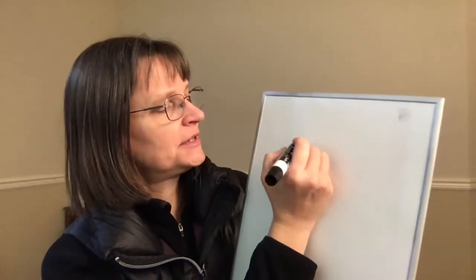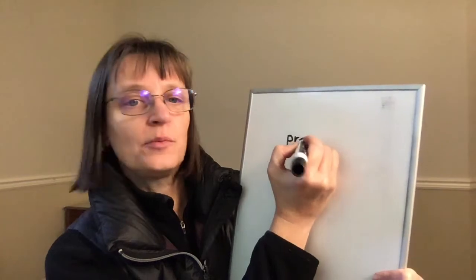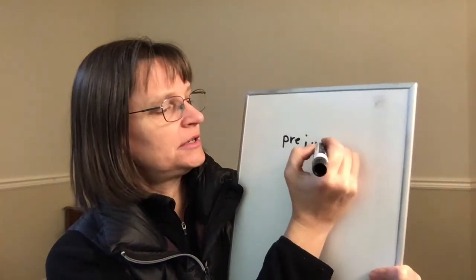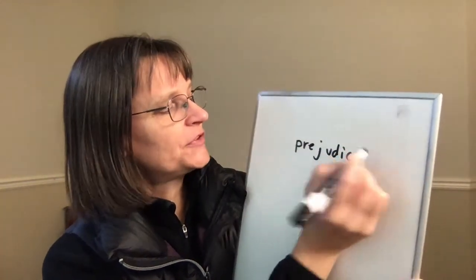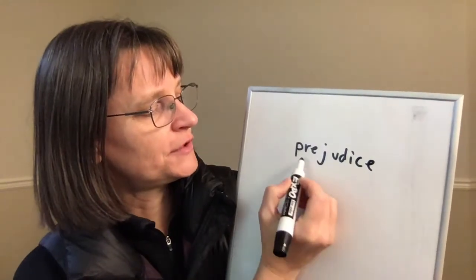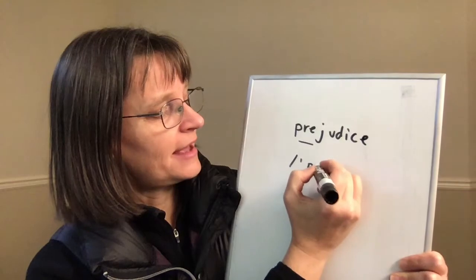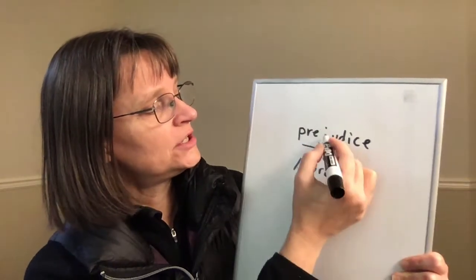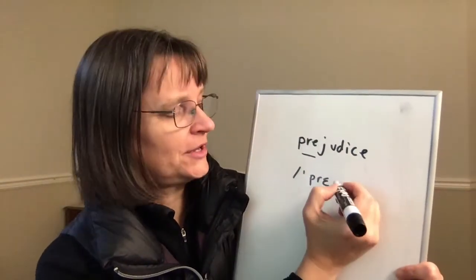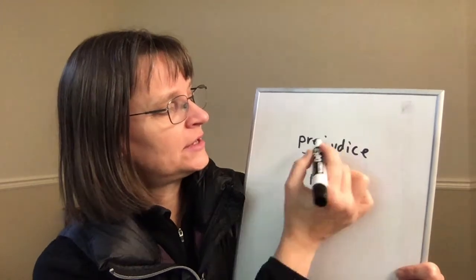Our next word is the word prejudice. So let's write that out. Prejudice. So prejudice has first syllable stress, and it has the red tent vowel, sounds like eh. The letter J says the J sound. Prejudice.